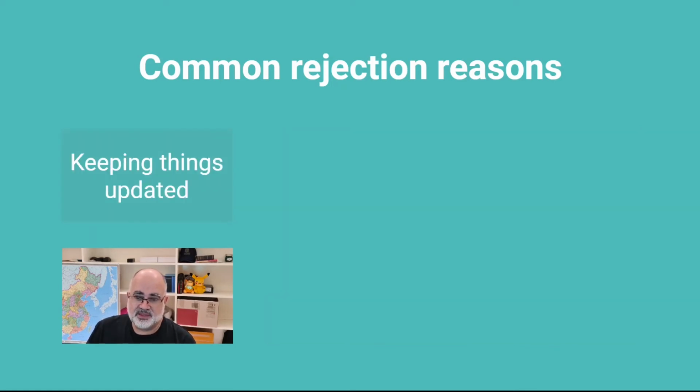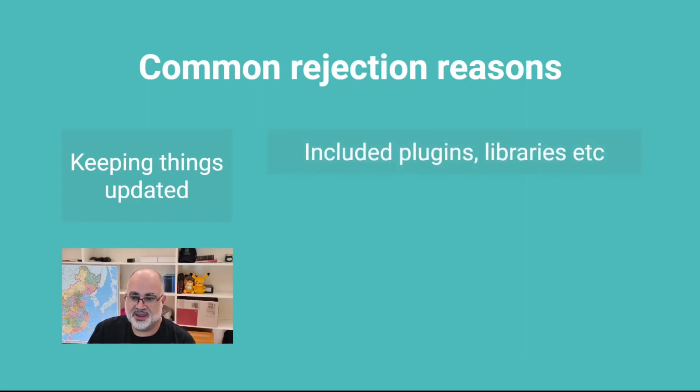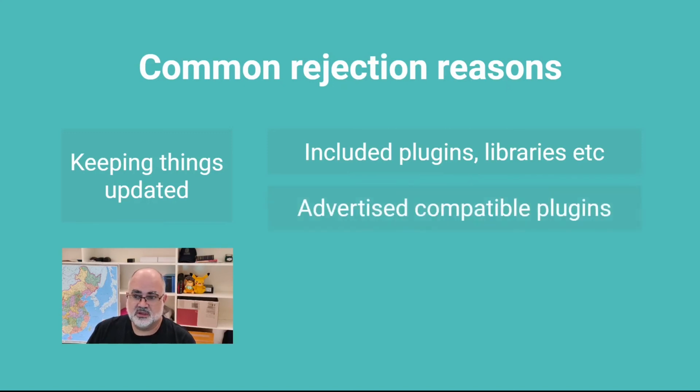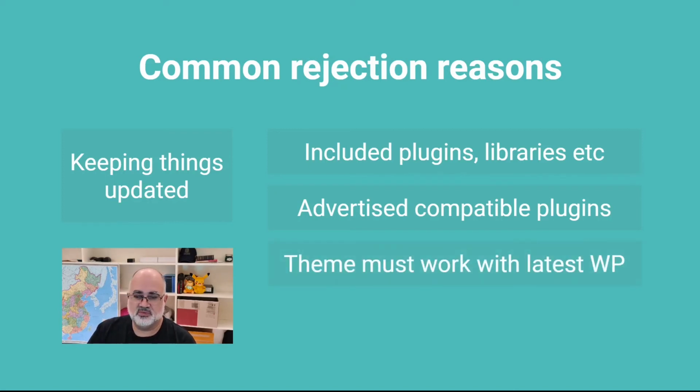Another thing is keeping things up to date. So we're talking everything. The plugins you include in your zip file need to be the latest versions. The libraries you build your theme on have to be the latest version. Your theme must work with any advertised plugin. So if it works with WooCommerce, it needs to work with the latest version of WooCommerce and the latest version of WordPress.